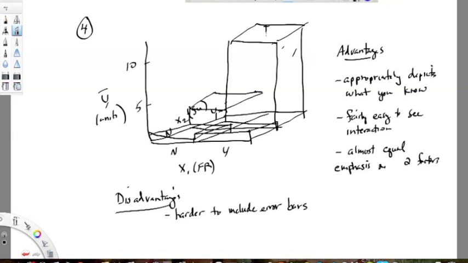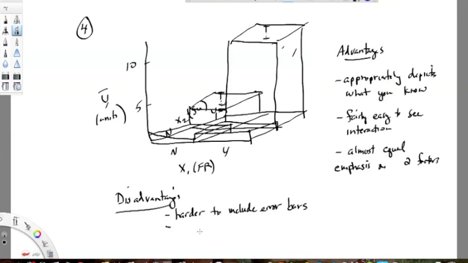But you have to sort of depict with a dash line or something when it goes down through the surface. It's kind of tricky, because where is the top of that graph? You could put it in the front or back, but that'd be weird. Anyway, it's a little harder to depict the error bars and show those on there.